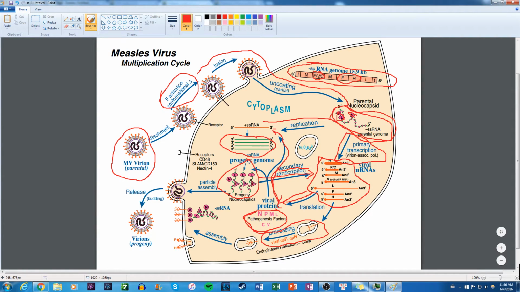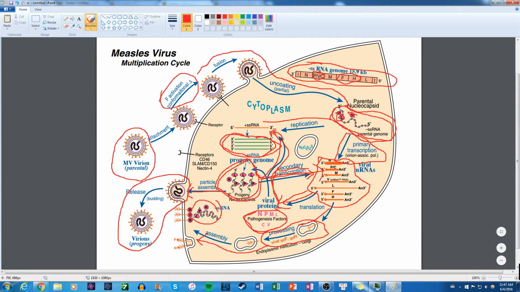But from here too, with all these amounts of negative ssRNA, you can also replicate more. You can now make more positive single-stranded RNA intermediates to make even more negative ssRNA, to transcribe more, to make more protein. At the end of the day, you have a bunch of viral proteins and a bunch of genome. You get particle assembly, and then done.